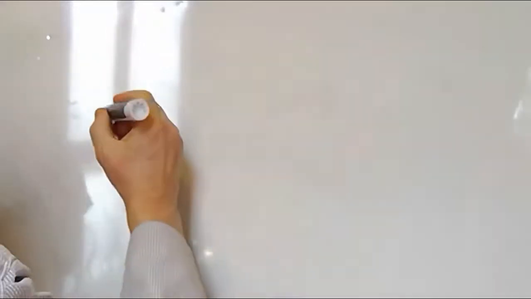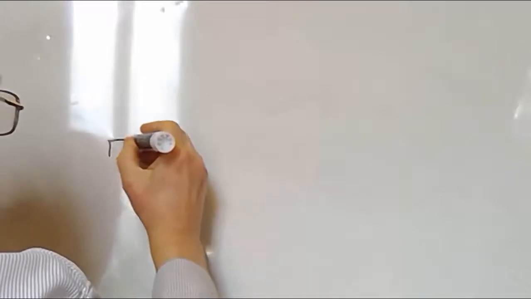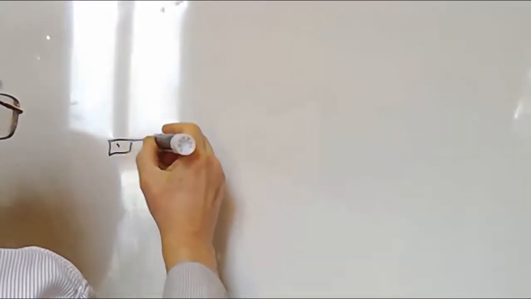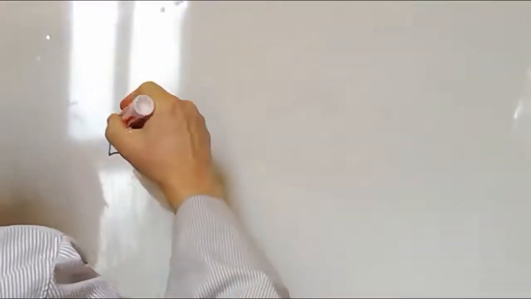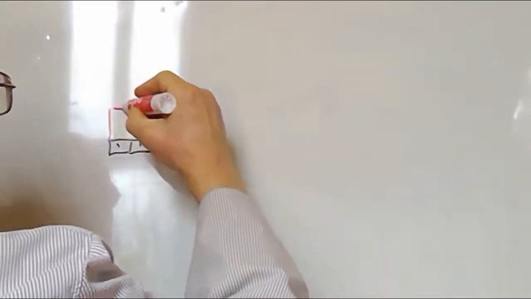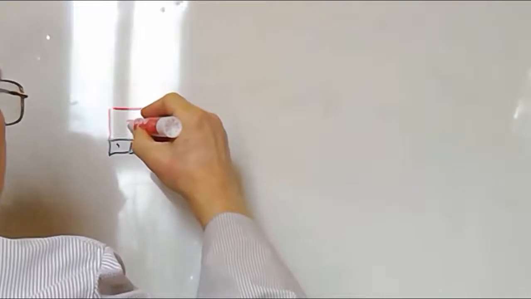So let's say we start off with our first 2 units. We take a piece of graph paper and put 2 unit boxes. And 1 plus 1 will give us 2. So I'm going to extend here 2 by 2. So there's my 2.